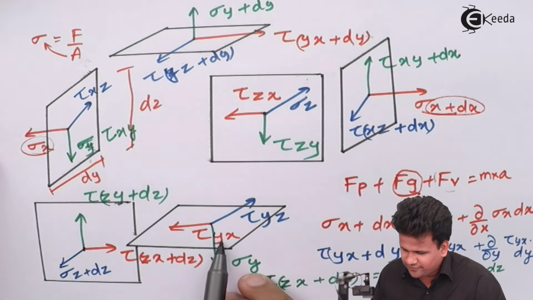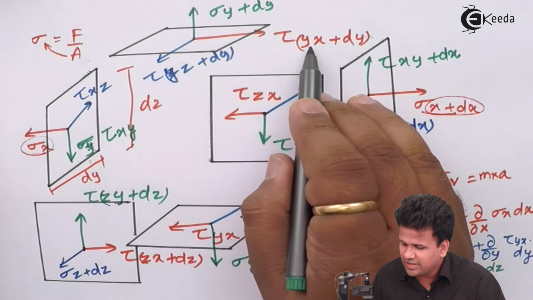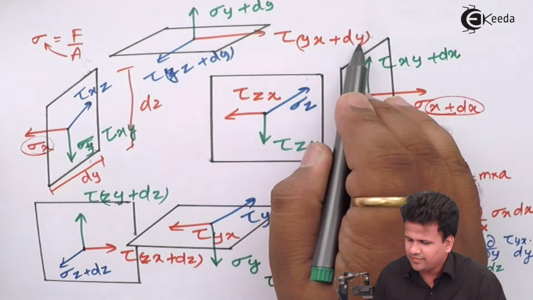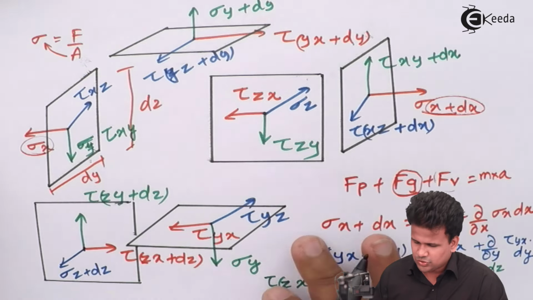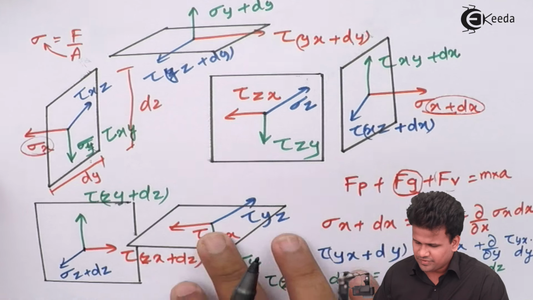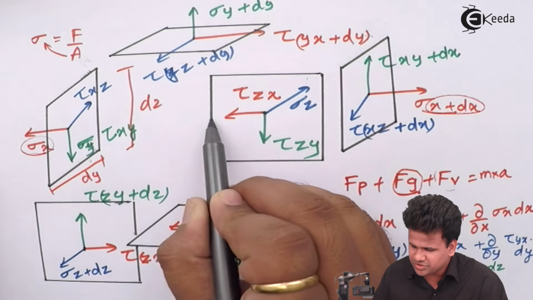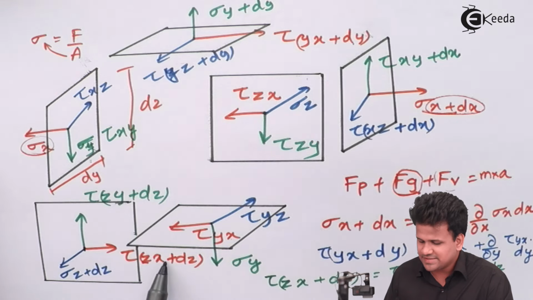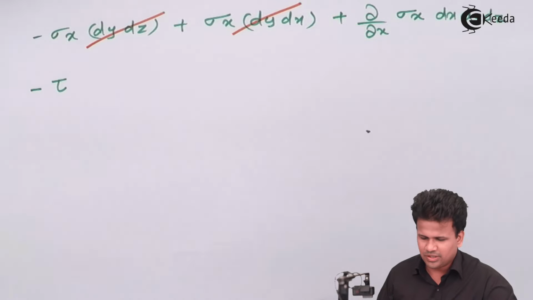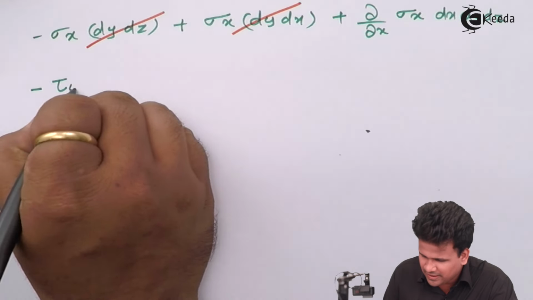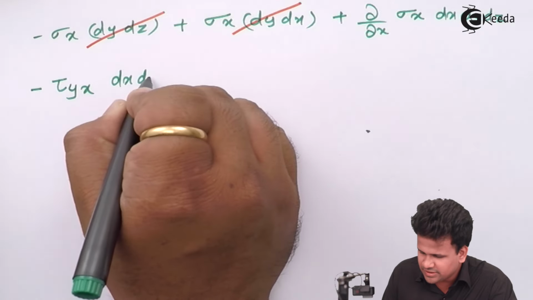So this is tau of y plane x direction, which is towards left, and this is tau of y plane x direction dy, and that can be expanded with the help of Taylor series. Along with this we have the other forces also, tau of zx which is going towards left, and tau of xz which is going towards right. So let us write down: minus of tau of y plane x direction dx into dz.